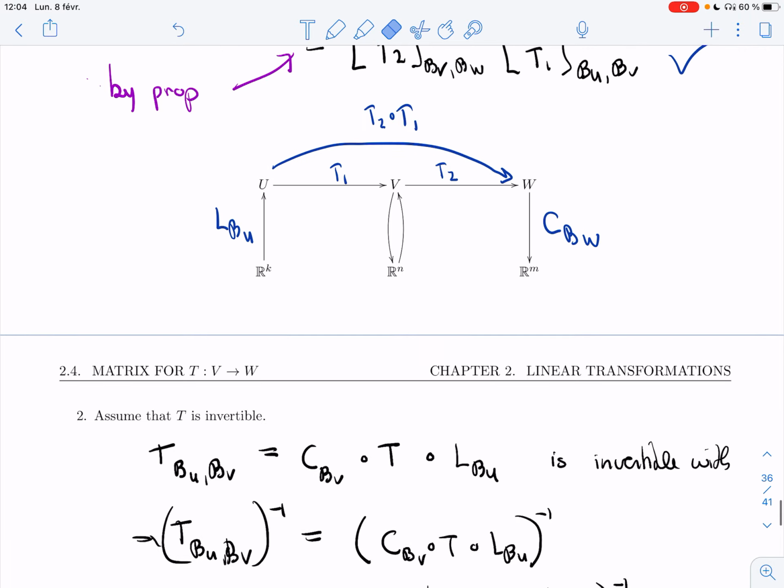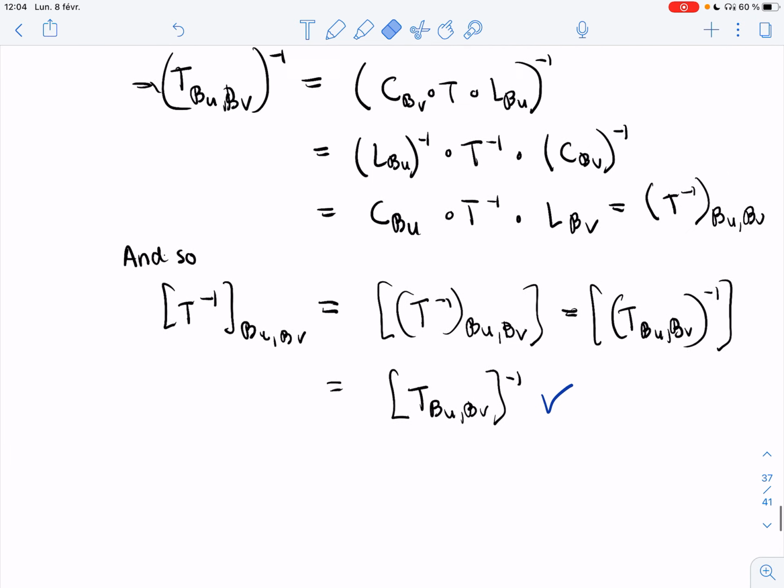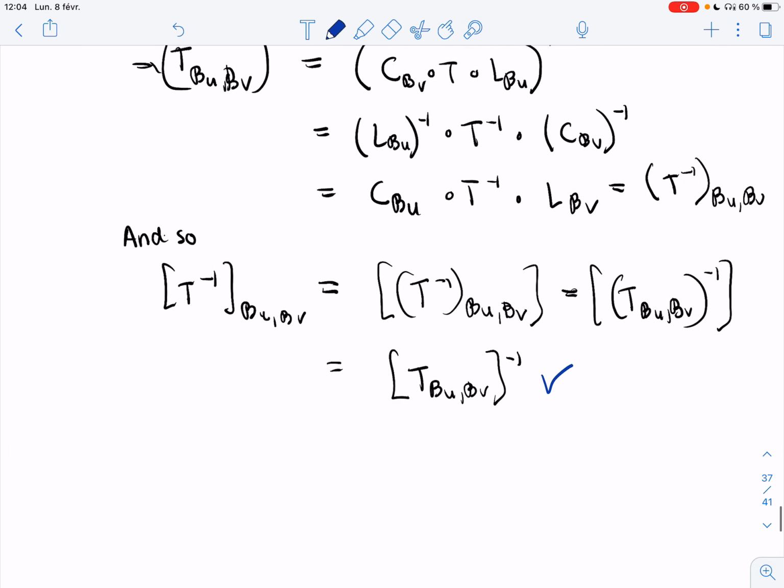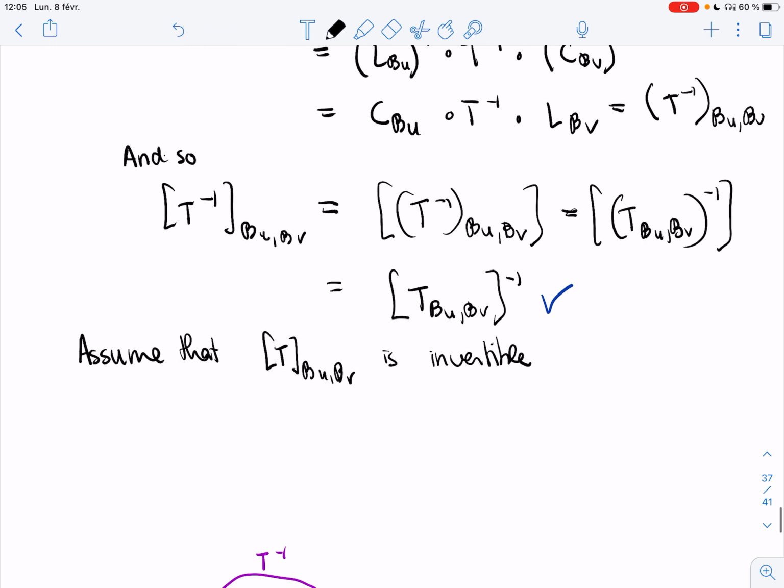Okay, so now assume, right here, that the matrix T, BU, BV is invertible.